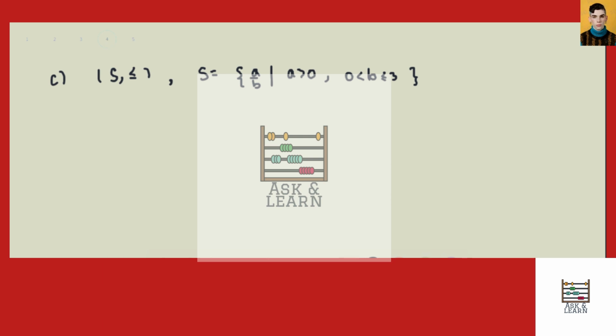Next, so now it's rationals again, but we have a restriction on the denominator. It cannot exceed 3, right? And A is just positive integers. This one is actually well ordered.